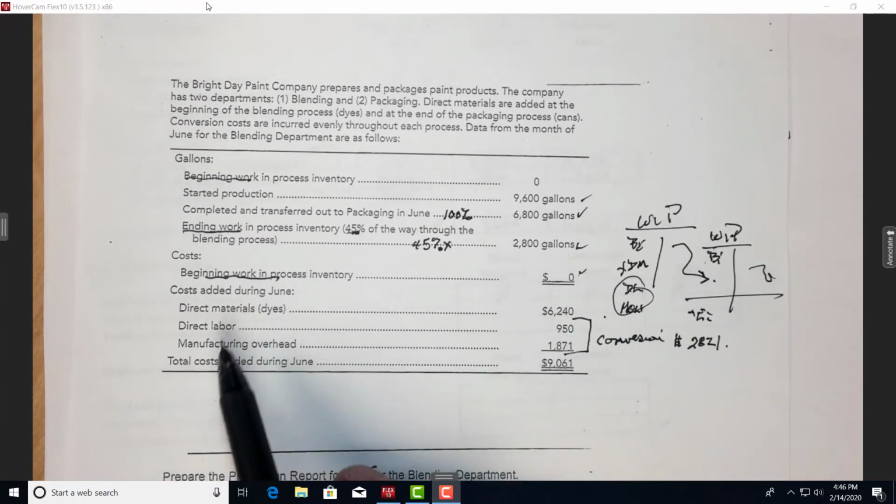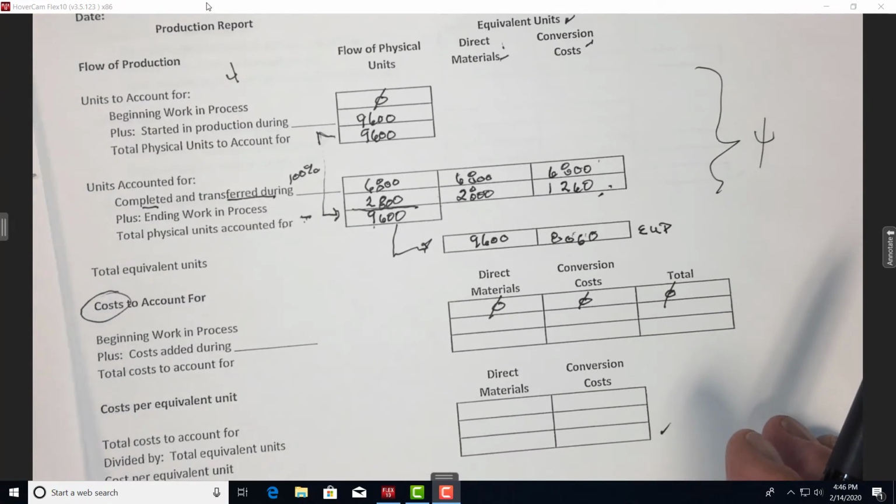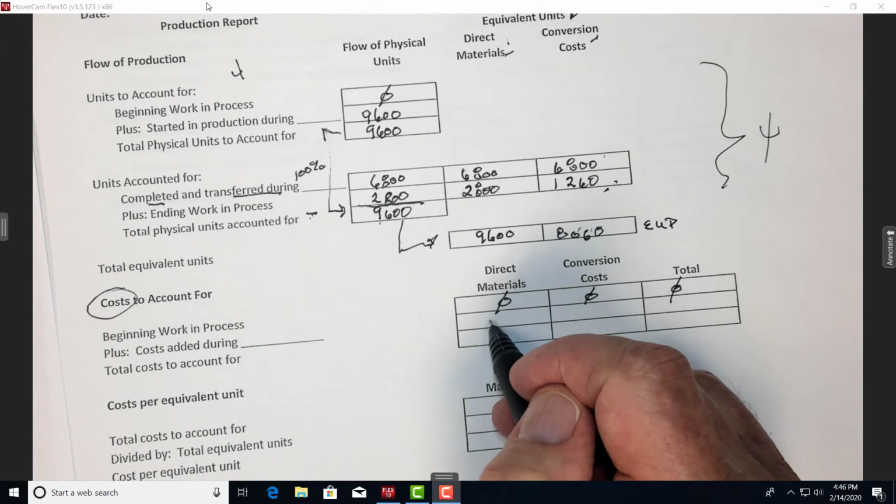It says that direct materials cost added during the period is 6,240.